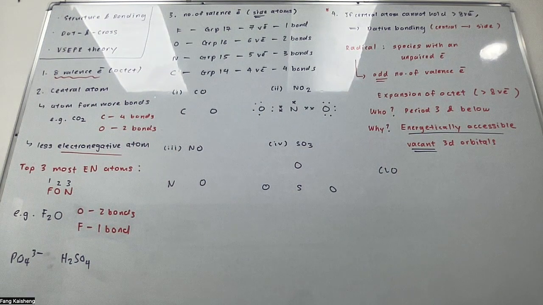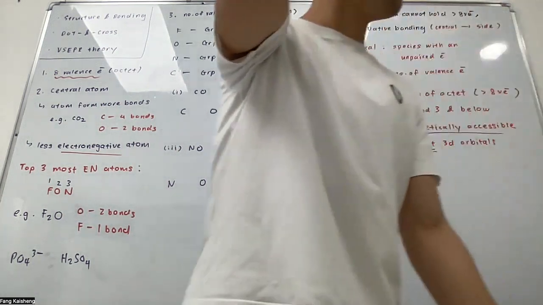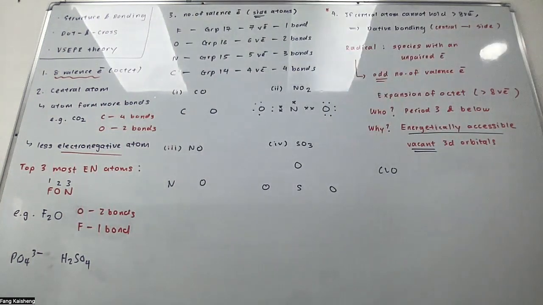You guys can also include ClO in this page as well, because there's something I want to discuss about ClO. Nitrogen's valency is not really true, which means you cannot go more than 2.